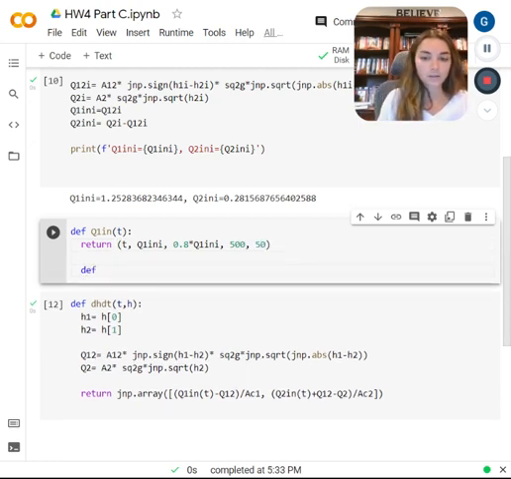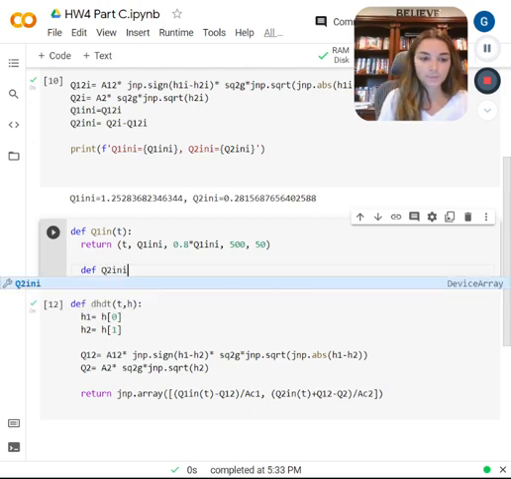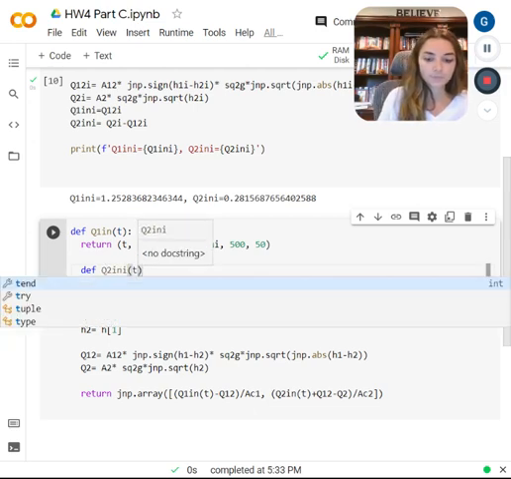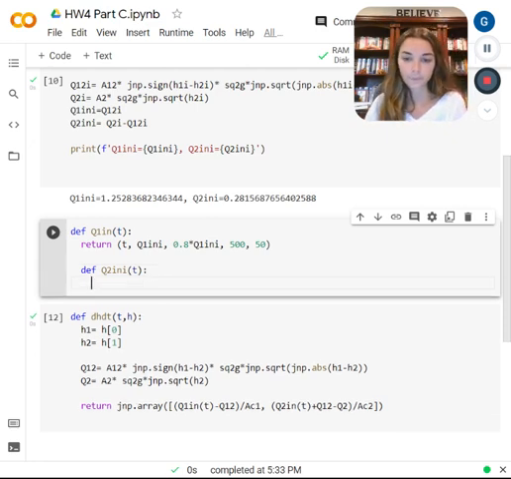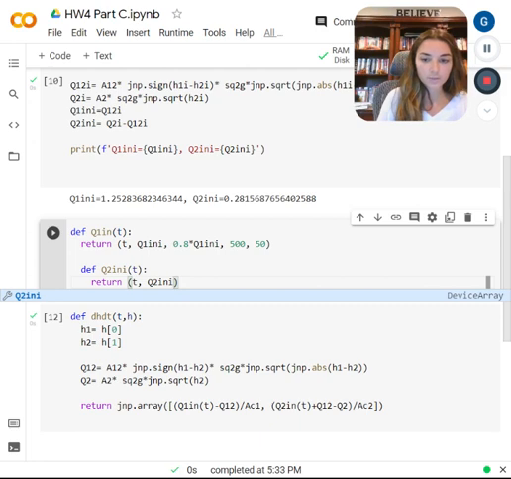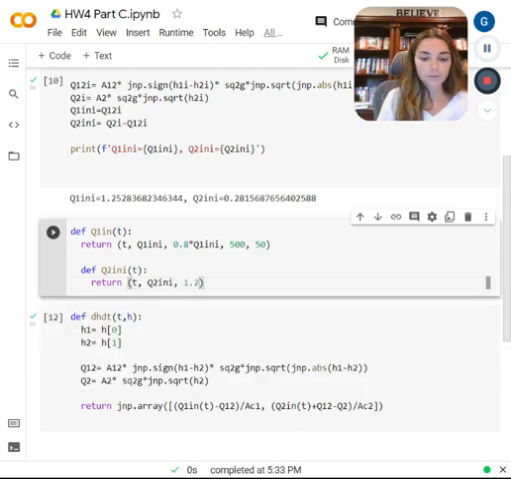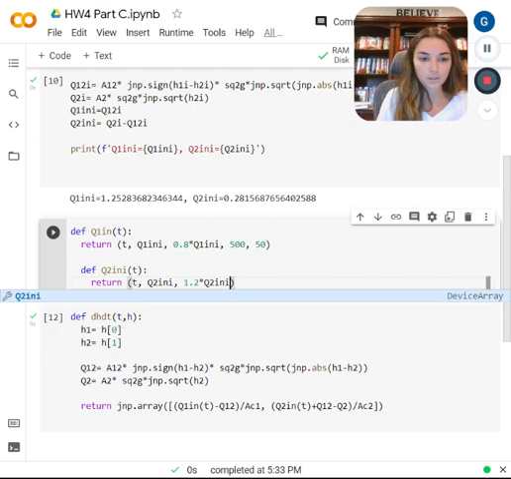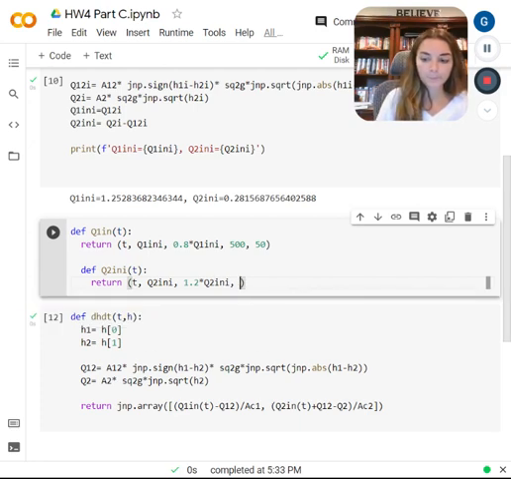And then we're going to define our initial flow rate for tank 2. Time, and we're going to return time, initial flow rate for tank 2, 1.2 times initial flow rate for tank 2. And some arbitrary numbers. That looks good. Put that into our code.